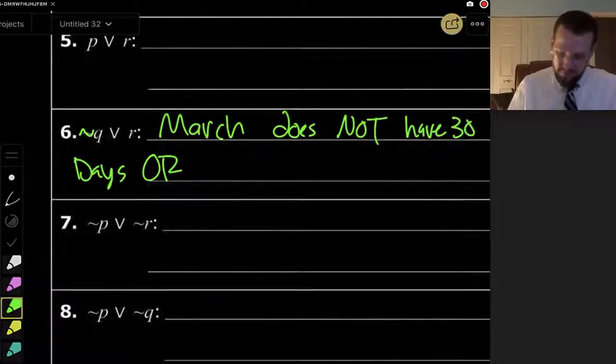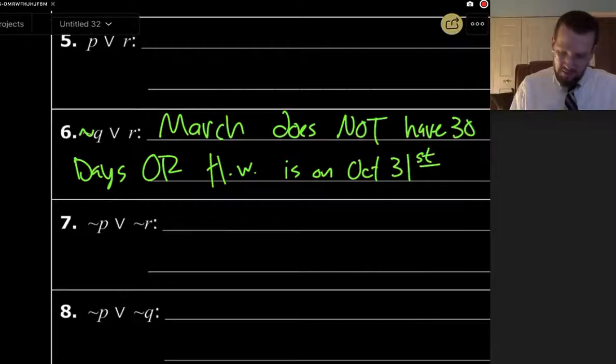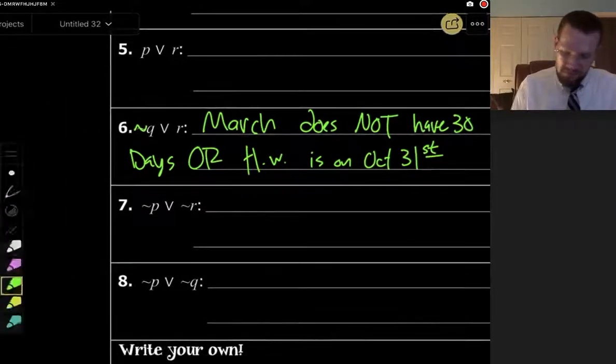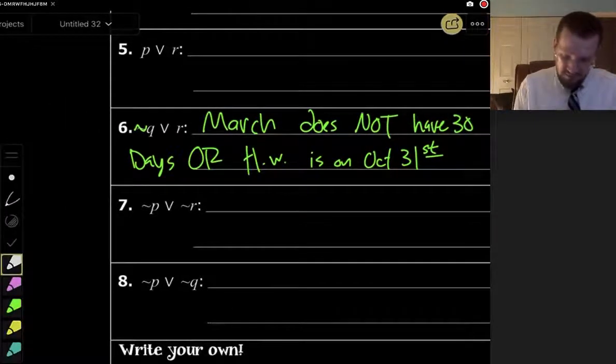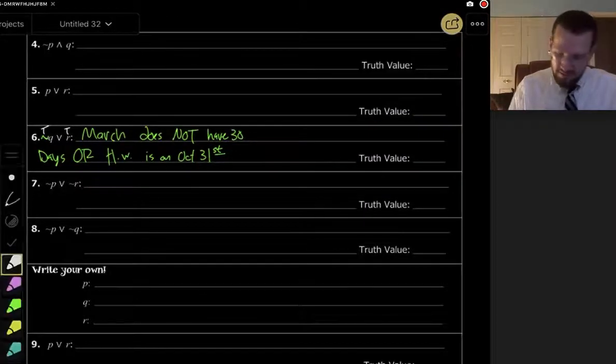R: Halloween is on October 31st. So this is a true statement. With the or statement, we only need one thing to be true, and actually both are. Not Q is true, and R is also true. Halloween is on October 31st. So this would be a true statement.